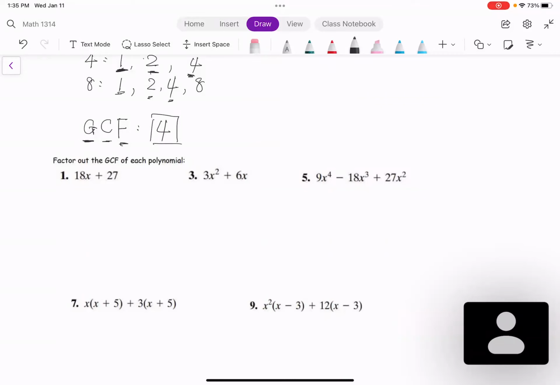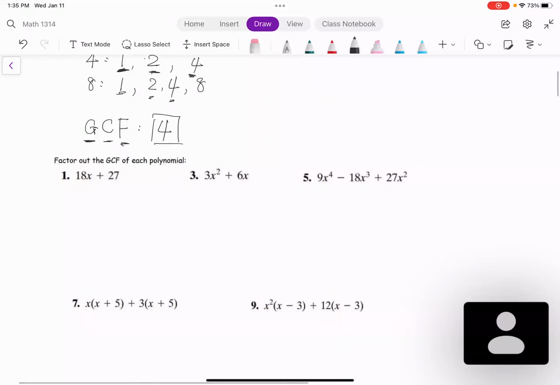For example, the first one, we have 18x plus 27. What is the GCF of the first term and the second term? The factors of 18 are 1, 18, 2, 9, and 3, 6.